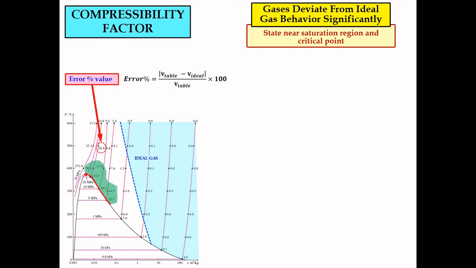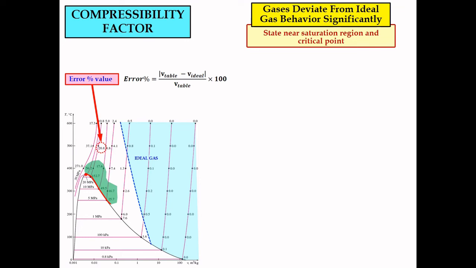Okay, so if you look at the area very close to the critical point and also the saturation line, we can see that the error is quite high. For example, we have a point on the constant pressure of 20 megapascal close to the saturation line, where the error is 56.2%.